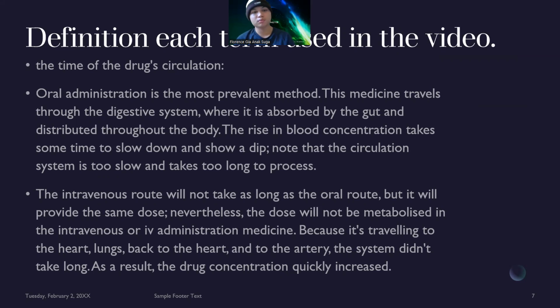The intravenous route will not take as long as the oral route, but it will provide the same dose. Nevertheless, the dose will not be metabolized in intravenous, or IV, administration, because it travels to the heart, lungs, and back to the heart and to the artery. The system doesn't take long. As a result, the drug concentration quickly increases.